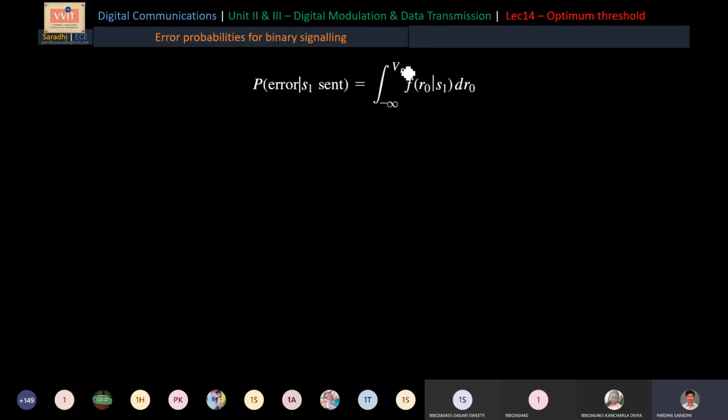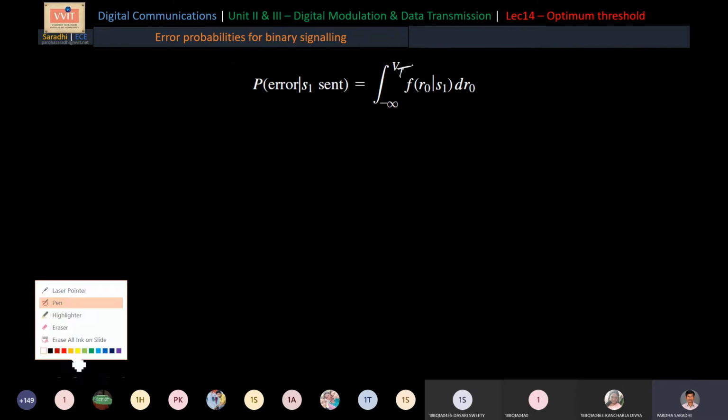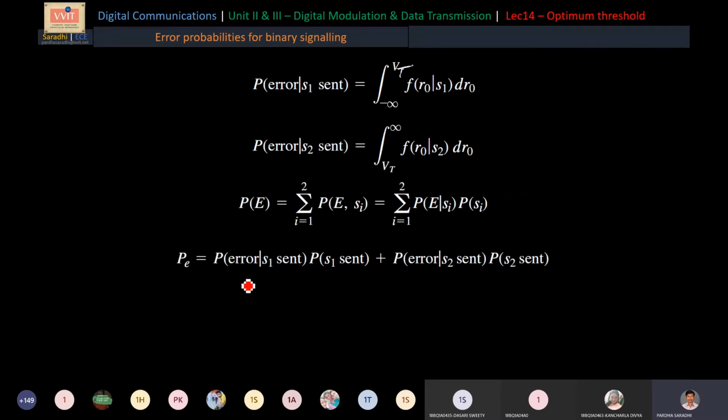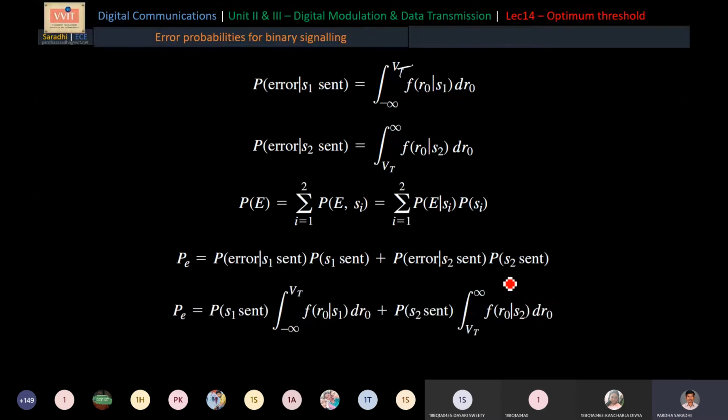This is Vt, not Vr. And the probability of error given S2 is this. And the total probability, according to the total probability theorem, is this expression: the probability of error given S1 times the probability of S1, plus the probability of error given S2 times the probability of S2. Now substituting those integrations, we get this expression.